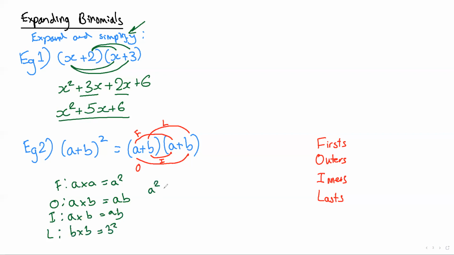So we get a squared plus ab plus ab plus b squared. In other words, we get a squared plus 2ab, because remember, these two are the same term. They're both ab terms, and then we just have b squared. So that will be our final answer.